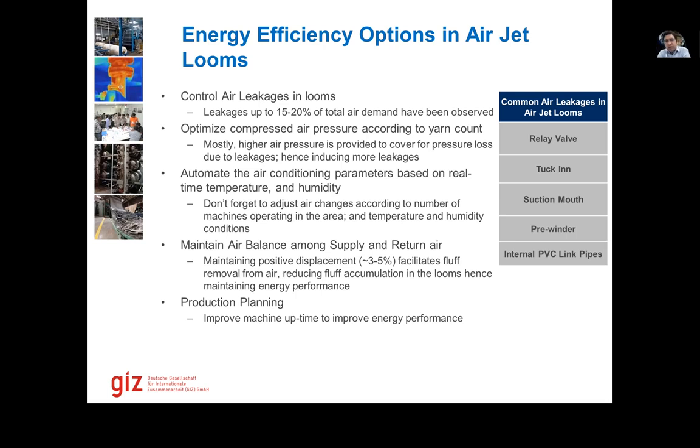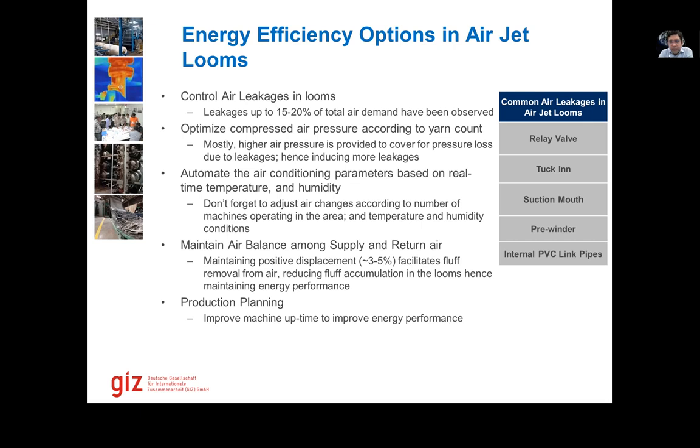This is something that we need to optimize. I always look into the design data of the machine and see what is the maximum pressure required. And usually factories are providing 7 bar or 6 bar pressure, and these machines usually run at 4.5 bar pressure. They have internal pressure reducing valves that are put to 4.5 bar, and that is how they run.